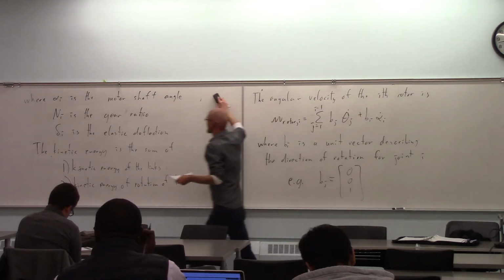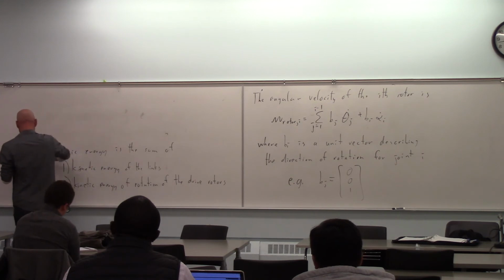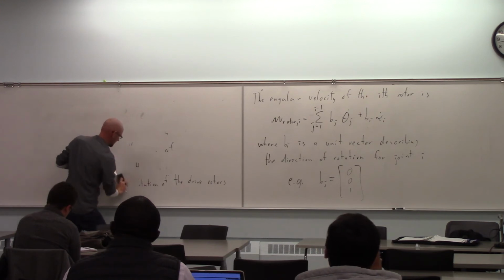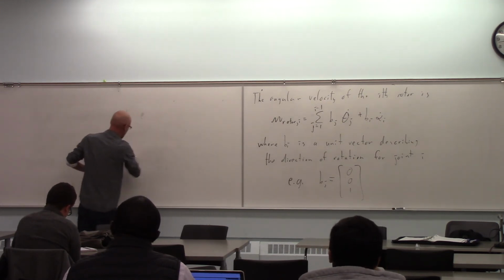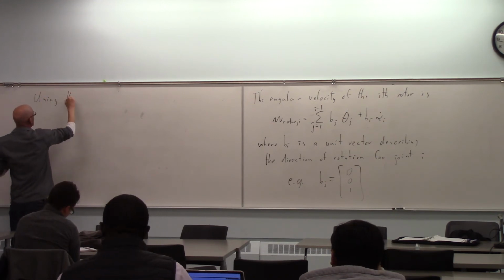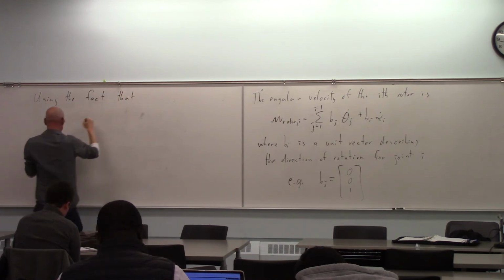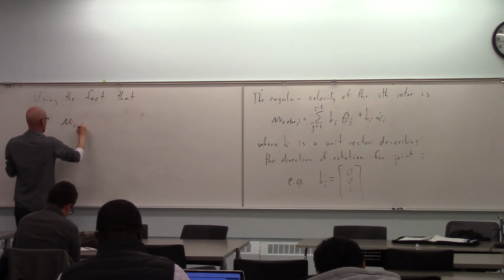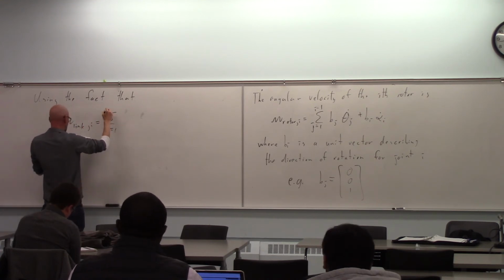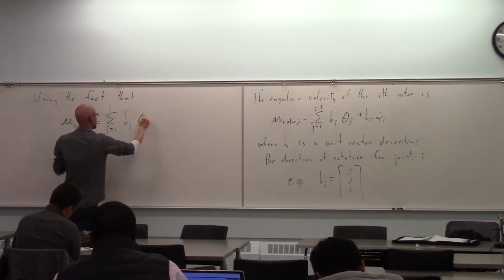So using the fact that I know the velocity of the link already, omega link i is just the sum from j equals 1 to i of bj theta j dot.